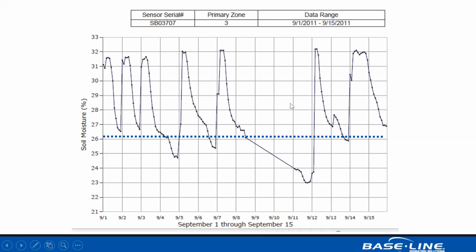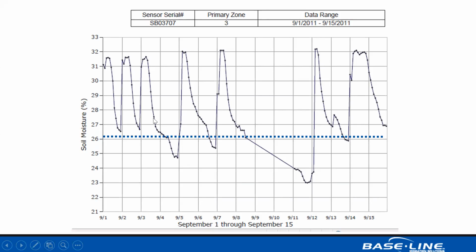If we look at a real-time moisture graph of an analysis that was done for a contractor in Las Vegas, Nevada, we can illustrate and see how long it takes that application of water to infiltrate a 3 to 4 inch depth of soil in the landscape.